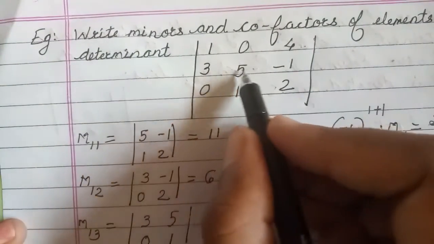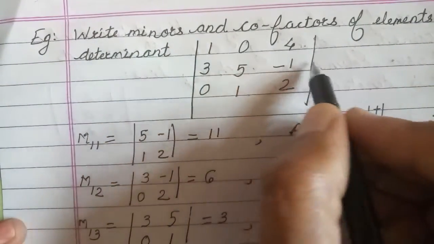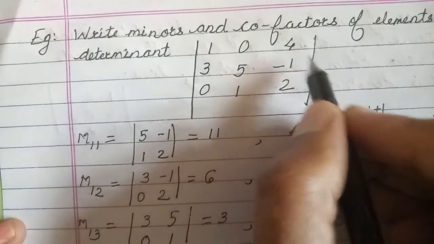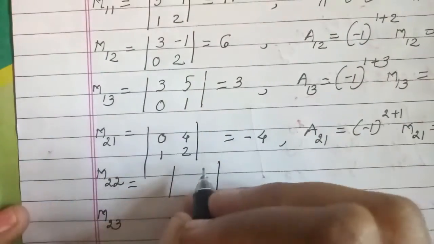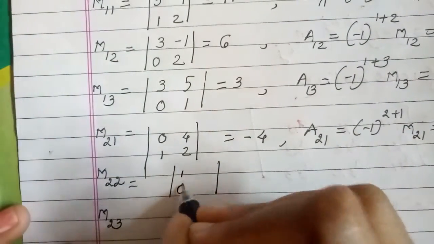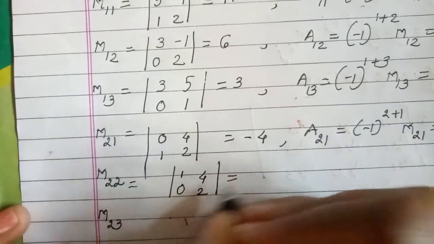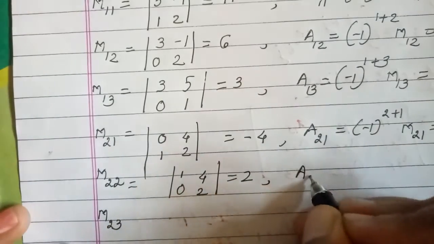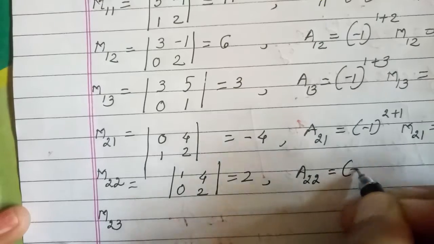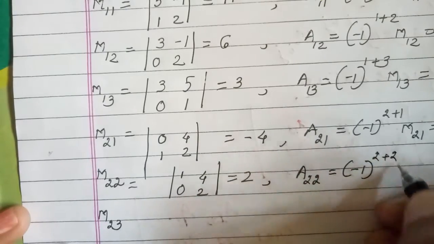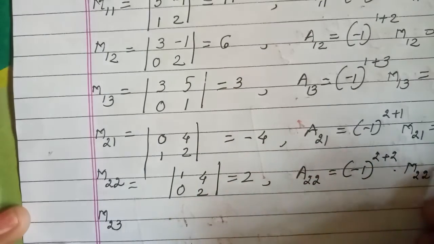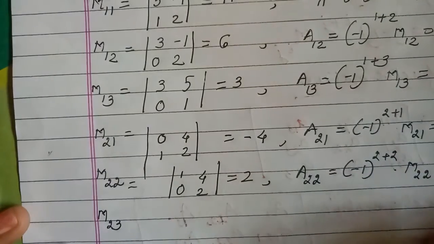Now M22, second row, second column. So 1, 0, 4, 2. So it is 2 minus 0, 2. So A22 will be, position is 2 plus 2 with M22. So it is already positive. So the answer will be again 2.